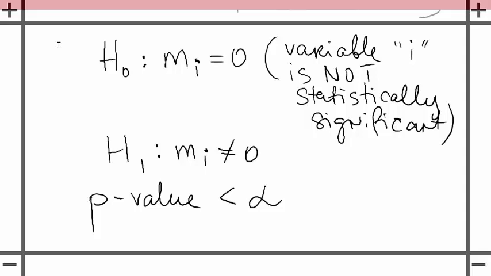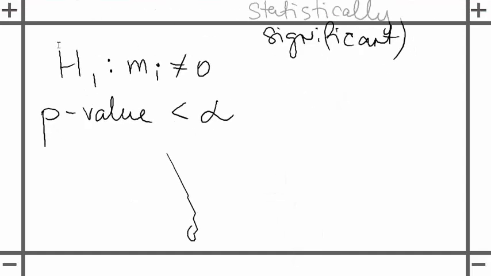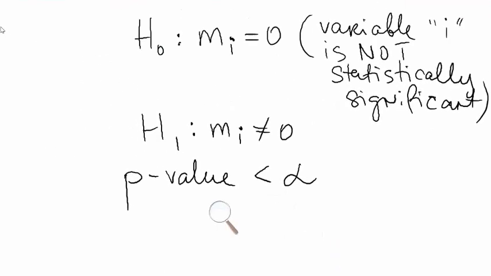This is a universal rule for all possible tests in statistics. Now, the only thing that I have to choose is alpha. What do I consider to be significance? So, what's the standard value of alpha?